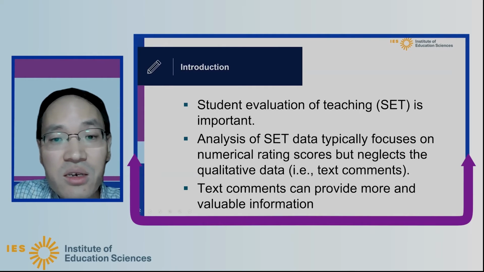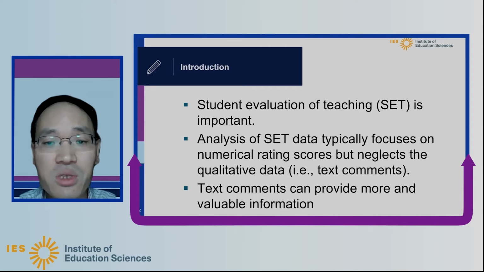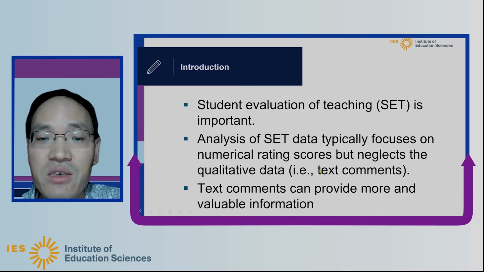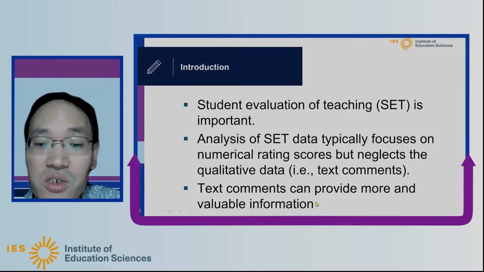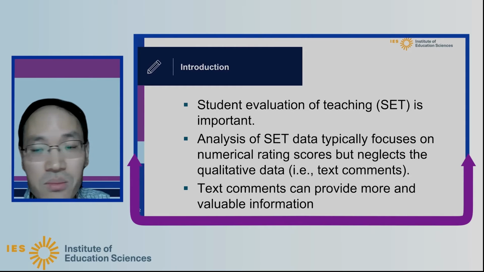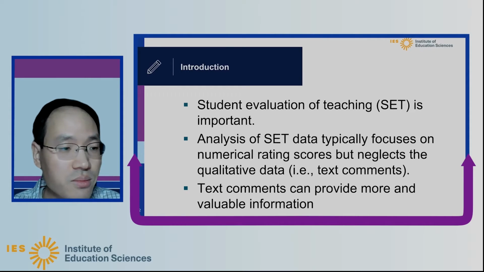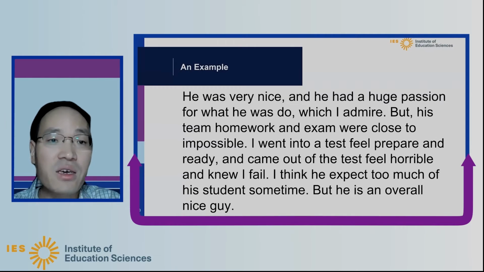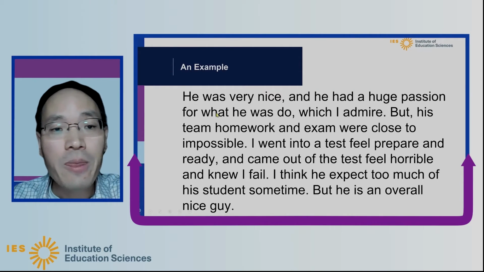However, the analysis of teaching evaluation data has typically focused on numerical data, but ignored the qualitative data, for example, text information. And we can argue the text information can actually provide more information for teaching. Here's a real example from a teaching evaluation.